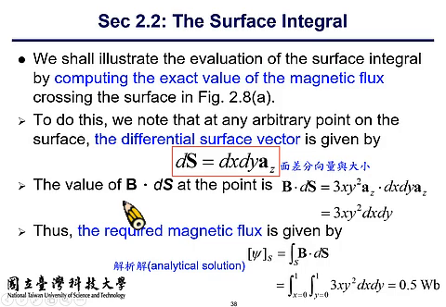So the computation of the surface integral is in fact relatively simple. Because the expressions of B and dS can be found exactly as 3xy to the square az dot dx dy az, the integrand to be integrated is 3xy to the square dx dy, and the surface integral can be carried out in this fashion. So this is referred to as the analytical solution.